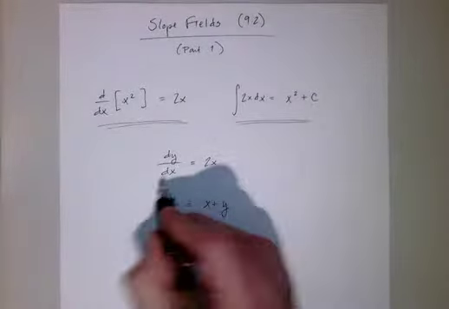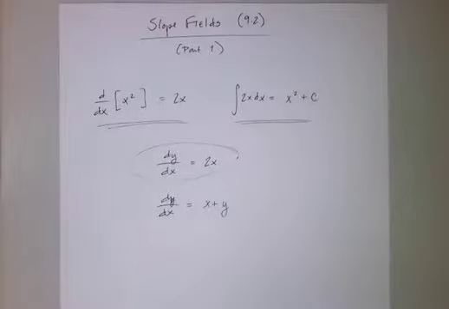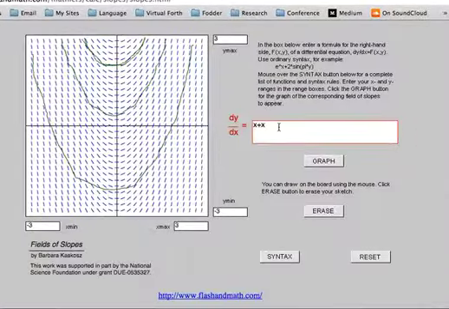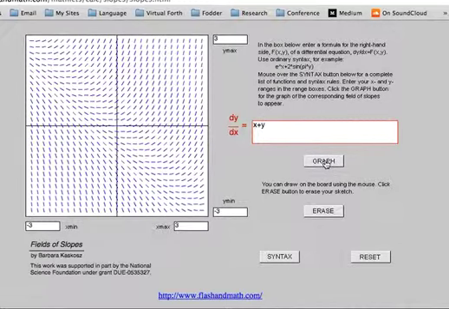Now this one was solely dependent upon the x variable. Now if we go back, x plus y, I'll go and clear that. X plus y is going to be a little bit different. And notice that the slope at any point in the field is now dependent upon both x and y.